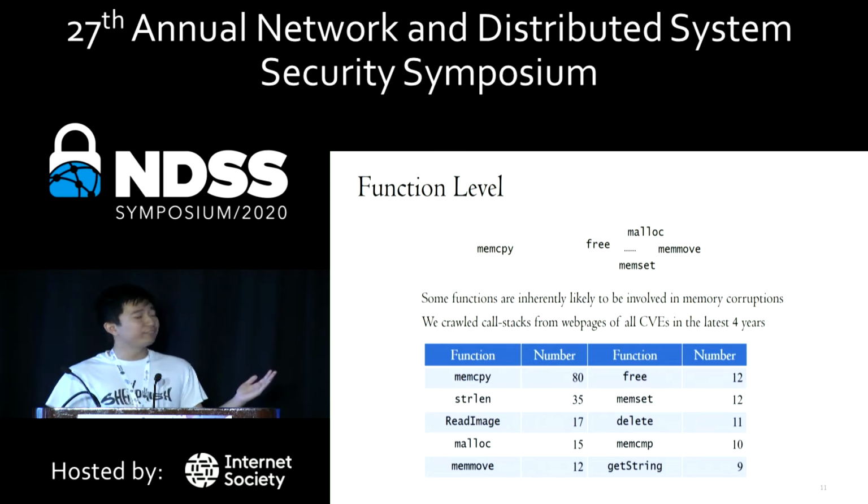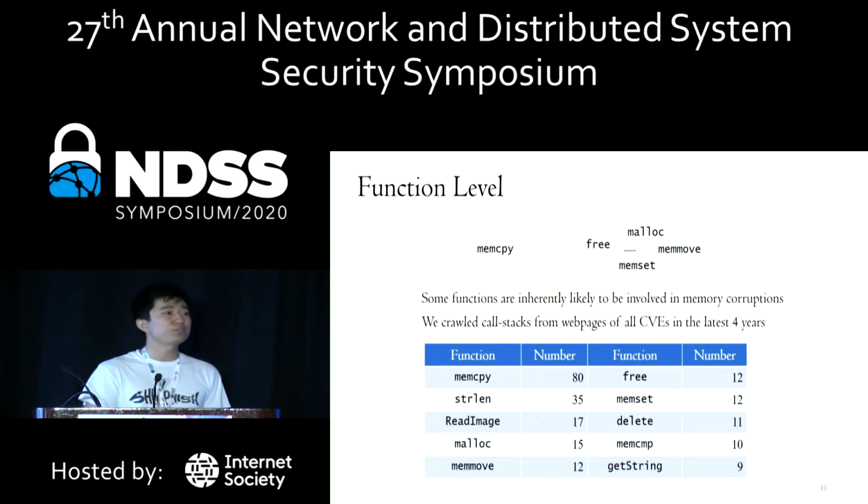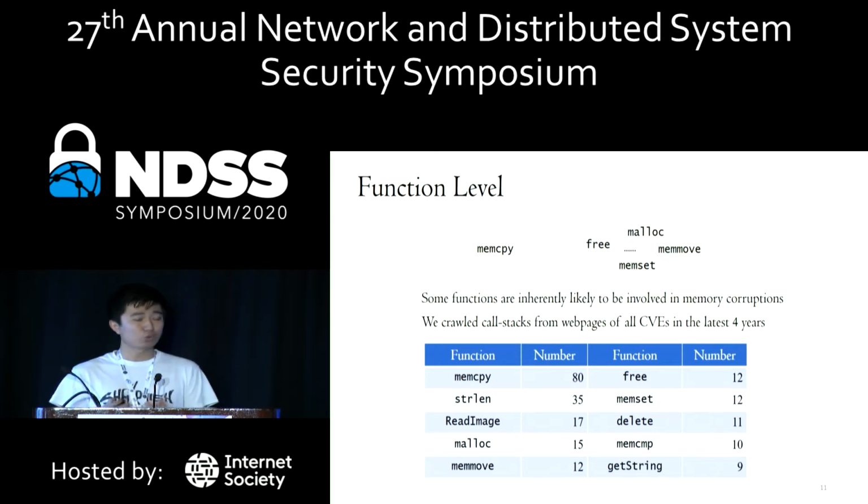So at the function level, we mark these functions as dangerous. And if the destination basic block of an edge is going to call these functions, we will mark it as suspicious and use the number of calls to these functions as the score at the function level.